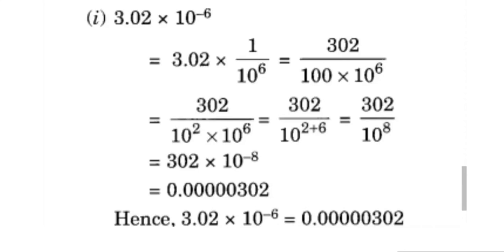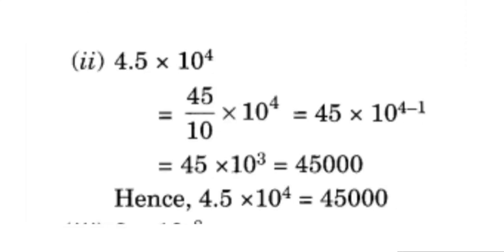Both the bases are same, it means we will add the powers. So it will come 302 upon 10 raised to 8. So it will come 302 into 10 raised to minus 8. Means in 302 there are already 3 digits, so 5 more zeros we will write before 3. So it will come 0.00000302. Okay, this is the answer.